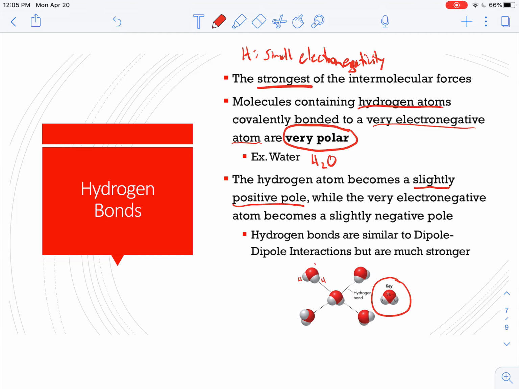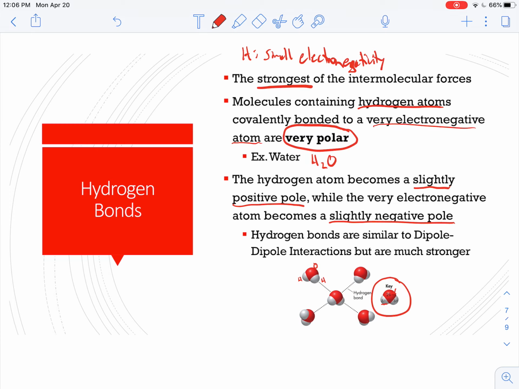In red is going to be our oxygen atom in H2O. So our hydrogen is going to have this slight positive charge we can see here, whereas our highly electronegative oxygen is going to have a slightly negative pole, which we can see again right here, that negative sign we have next to our delta.